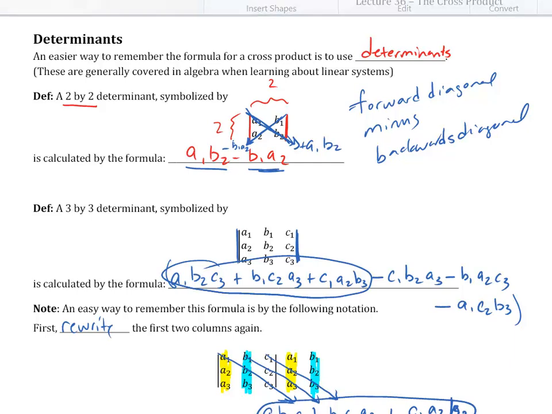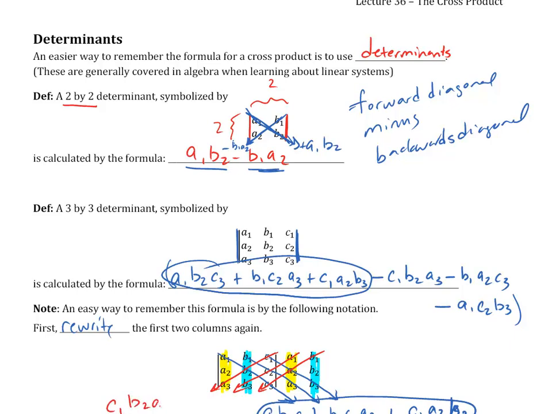And now do the back diagonals. I'll just do this in red so you can see them this way. That would be C1, B2, A3. You're going to subtract that because we're going back, and you do A1, C2, B3. That's subtract also, and then subtract the next one, which is B1, A2, C3.